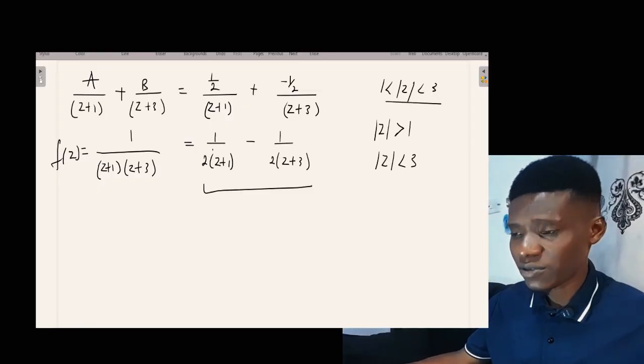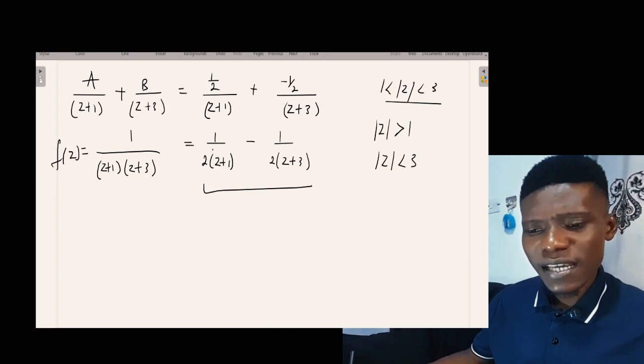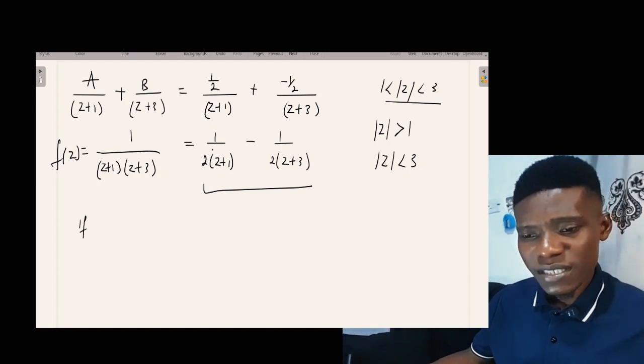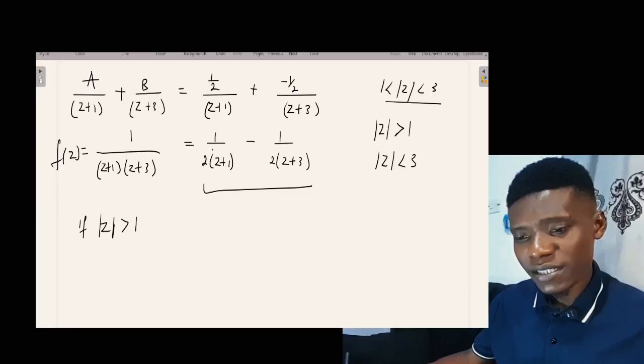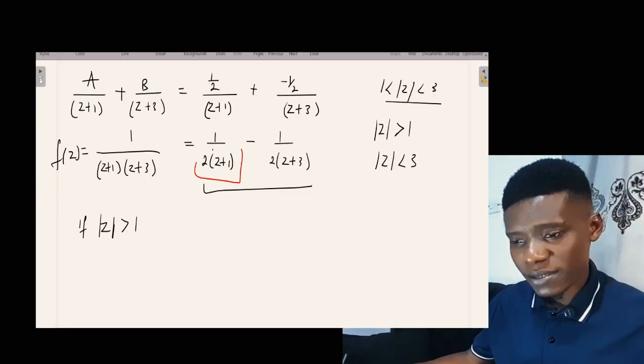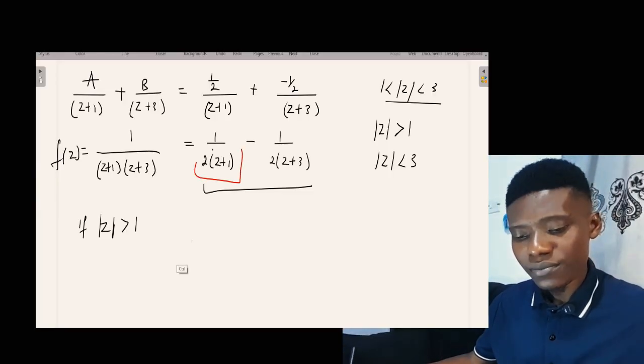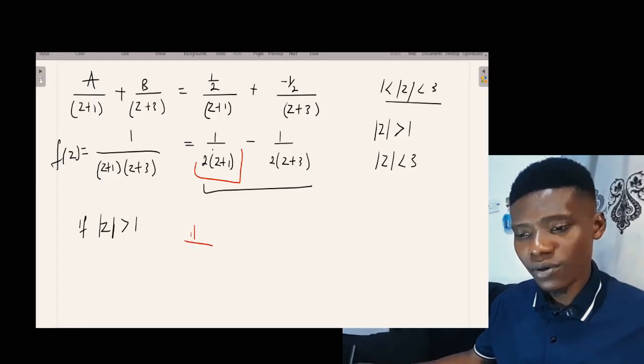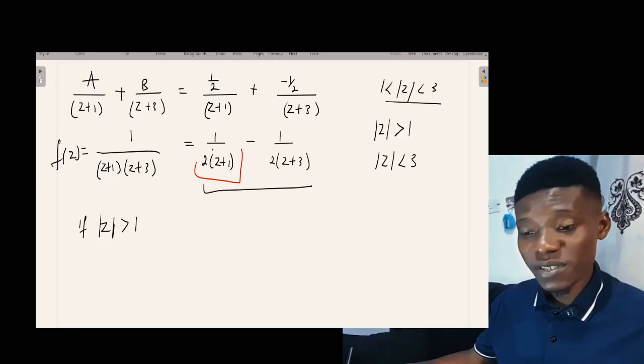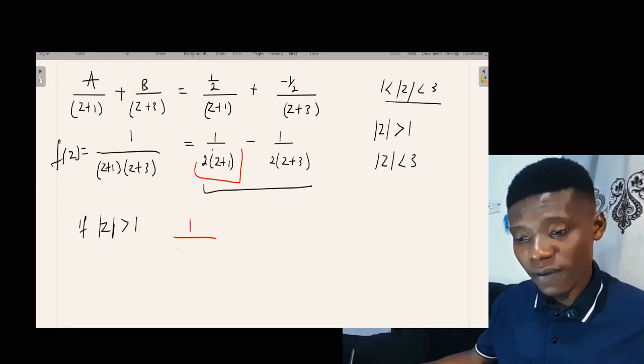That is the interpretation of what is given. So you begin with the absolute value of z greater than 1, and then you pick this part of the expression, 1 over 2 into z plus 1.